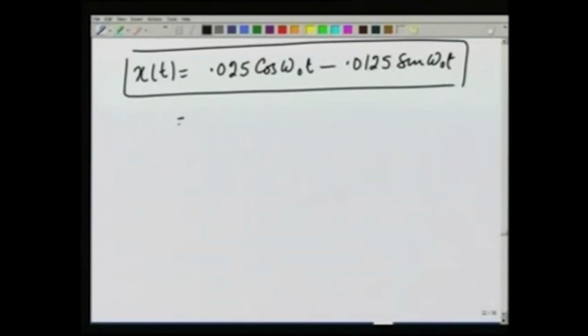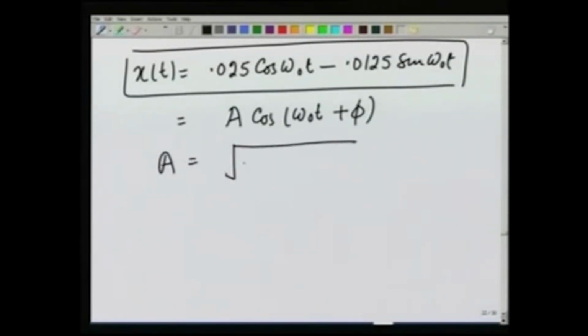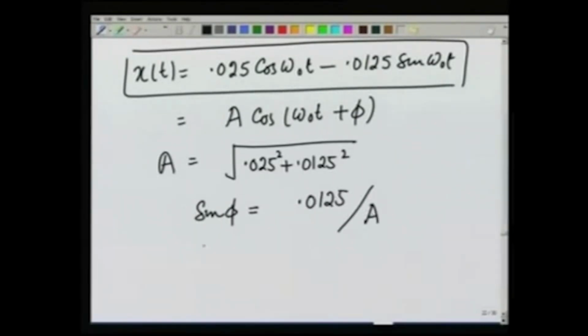If I write it in the form some amplitude A cosine of omega 0 t plus phi, you can see that A is going to be the square root of 0.025 squared plus 0.0125 squared, and sine of phi is going to be equal to 0.0125 divided by the amplitude, and cosine of phi is going to be equal to 0.025 divided by the amplitude.